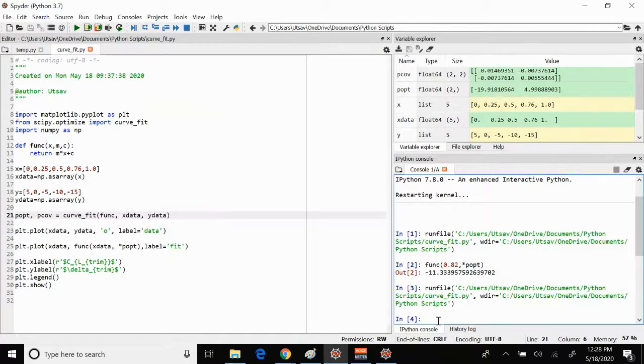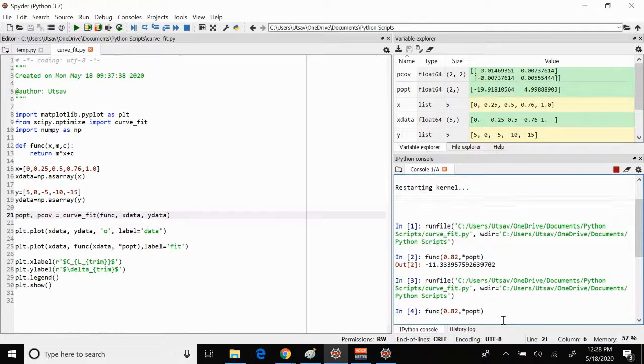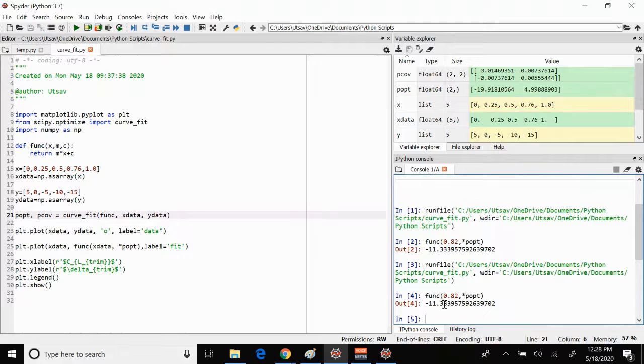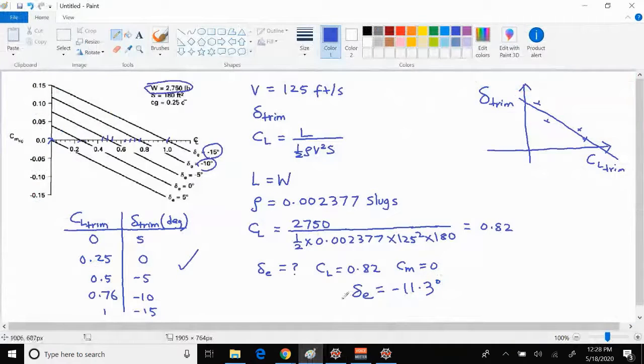So if I want to know the value of the elevator angle for CL equals 0.82, I just calculate the value of this function, and I get minus 11.3 degrees. So the required solution is minus 11.3 degrees.